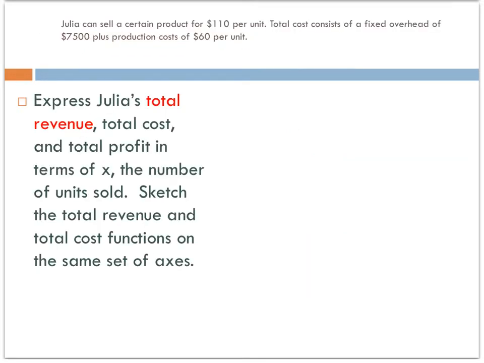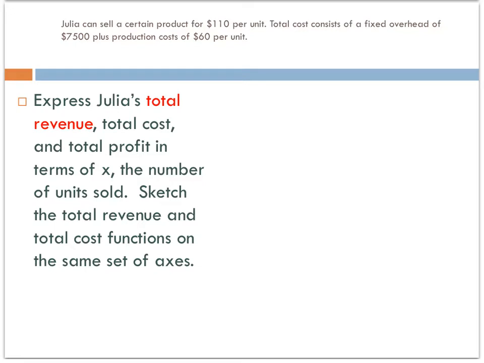So let's take a look at how we write the total revenue function first. Let's use the information that we're given in order to determine the revenue function. Now we're told to work in terms of X. So revenue means how much money is Julia earning per unit. So for every unit that she sells, she is getting $110.